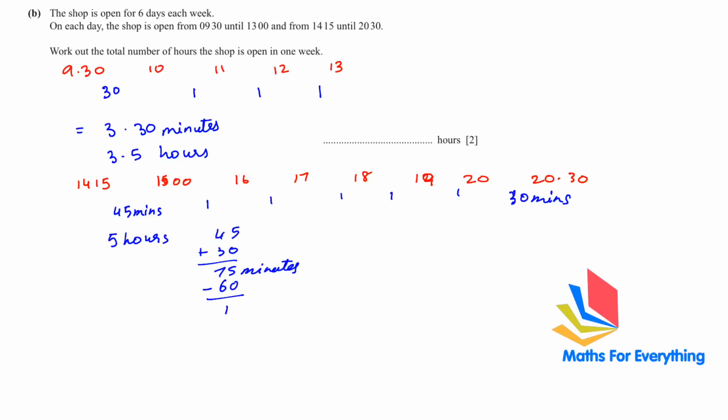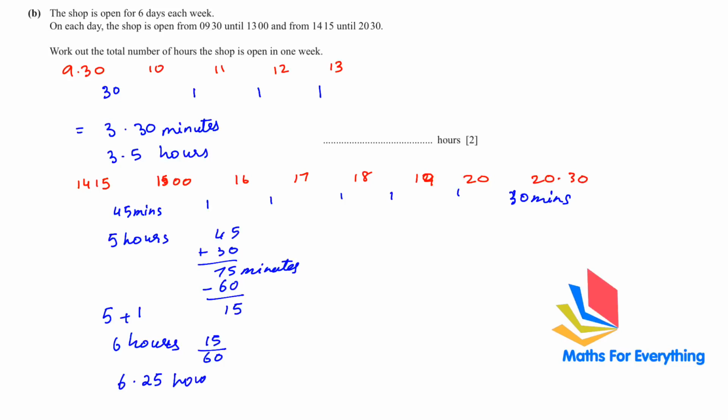You will get how many minutes remaining? 15. So this 60 we add to our 5, 6 hours and 15 minutes. To change the minutes into hours, we divide by 60 and you will get 6.25.